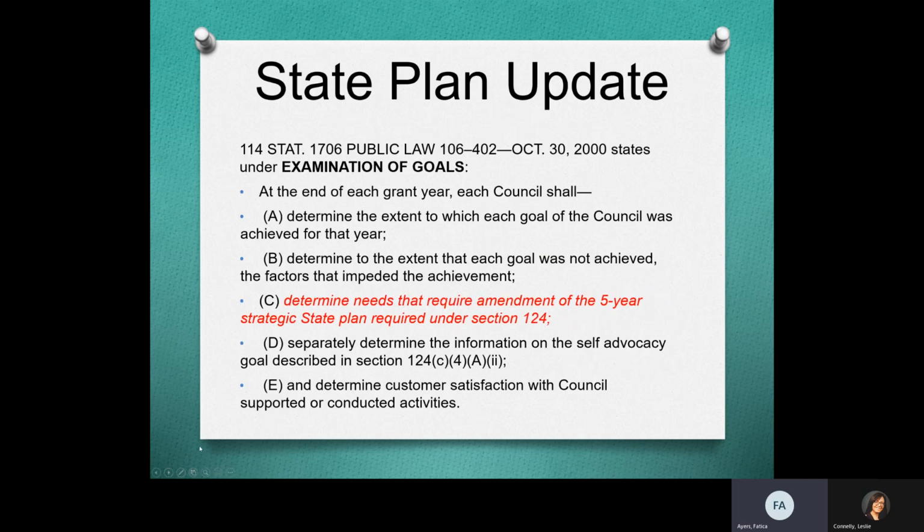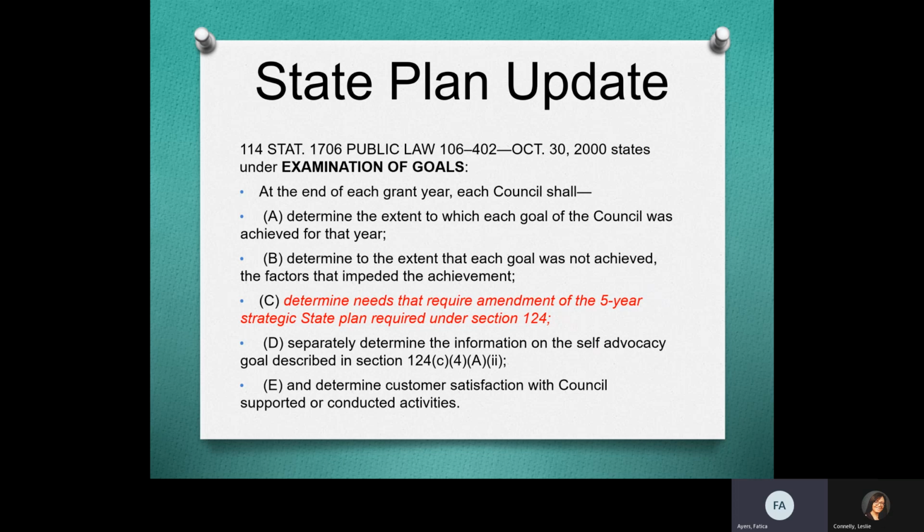Now, the public law, as you can see, is clearly stated. It says at the end of each grant year, each council shall determine the extent to which each goal of the council was achieved for that year. Determine, to the extent that each goal was not achieved, the factors that impeded the achievement, and then determine needs that require amendment of the 5-year strategic state plan required under section 124.